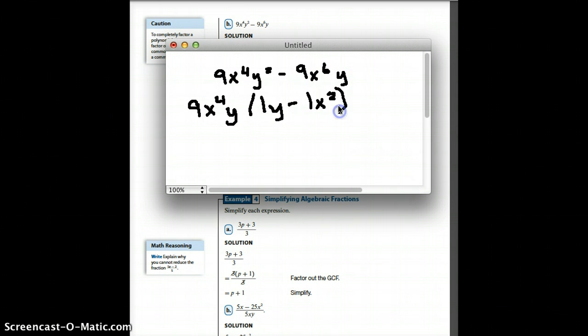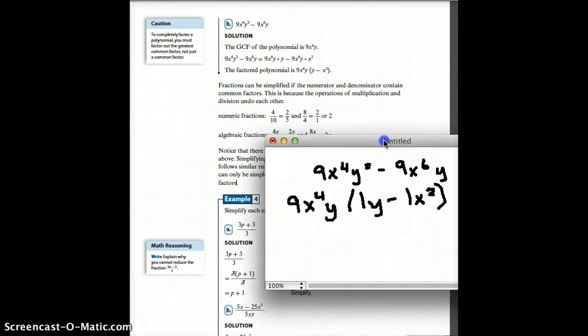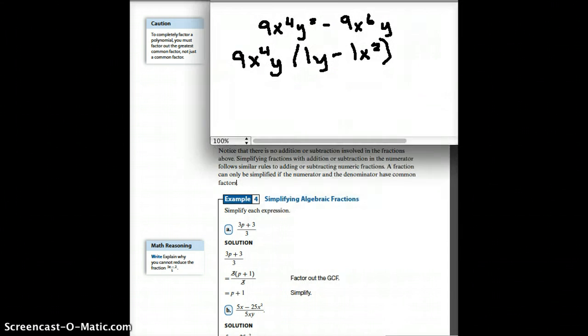I took out the y, so there's no y's left. Now, I would imagine their answer is not going to have those 1's there. That doesn't mean they don't exist, but they're not going to show them. As you can see, I got the right answer: 9x to the fourth y times y minus x squared. That was B of example 3.